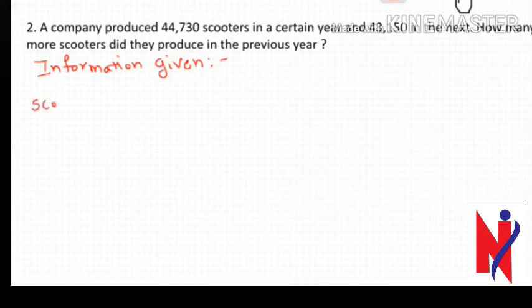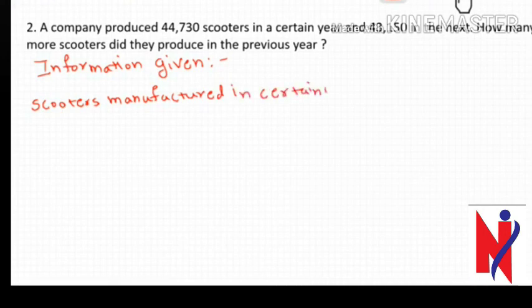Let us see. Scooter produced, or scooter manufactured. Produced also you can write, or manufactured, whatever you want to write. Manufactured in certain year. See, the year is not given, so we are writing certain year is 44,730.